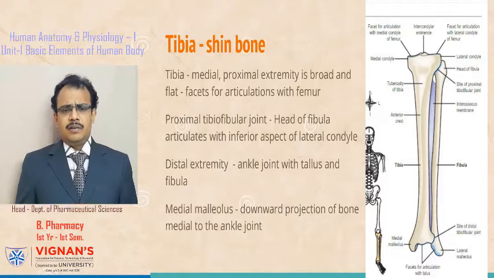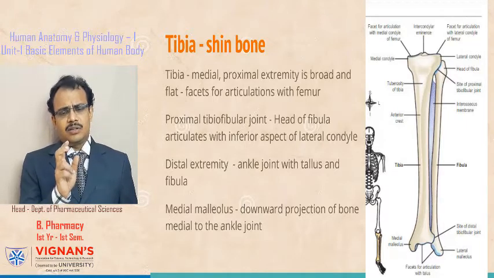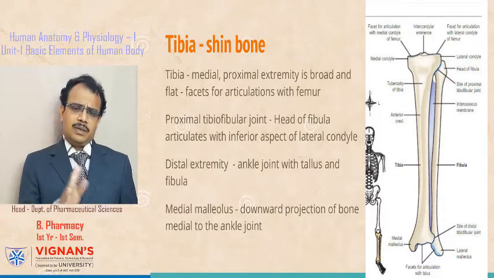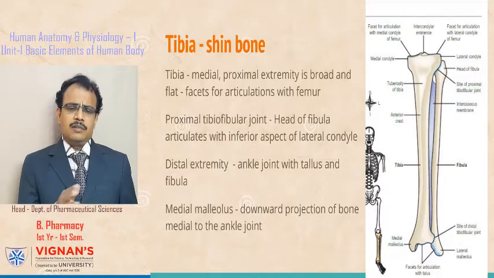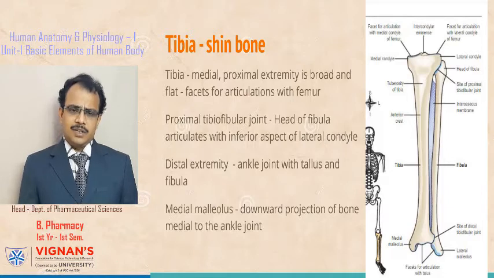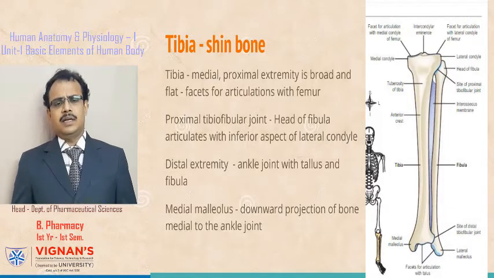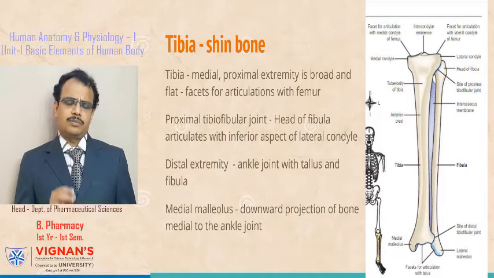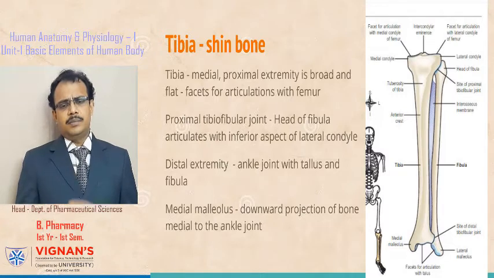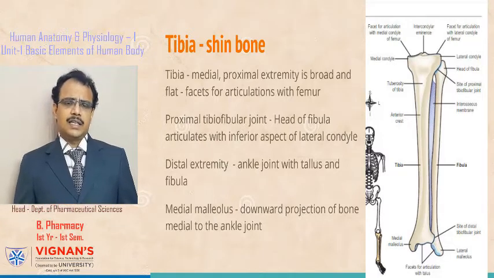Once again we can see an interosseous membrane between the tibia and fibula, which allows the movement of the tibia and fibula and prevents their displacement. The proximal end of the tibia forms the knee joint, whereas the distal end forms the ankle joint.